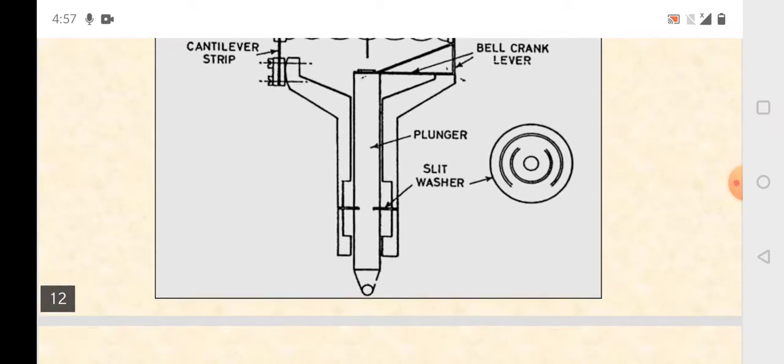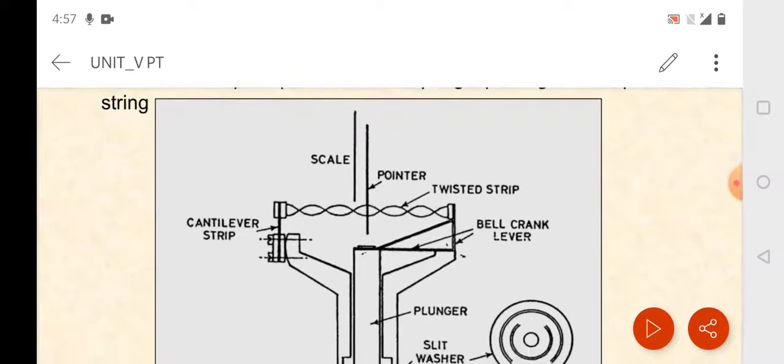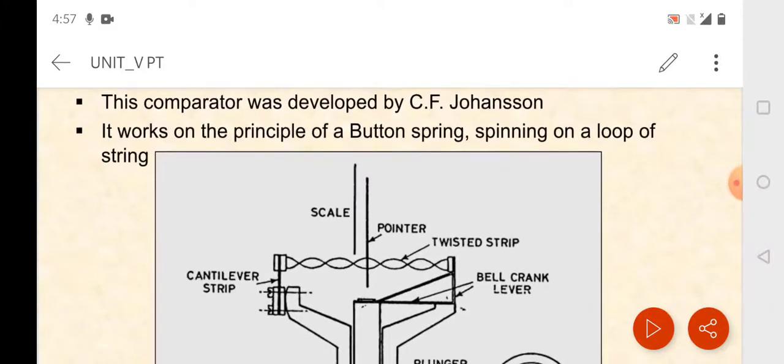As the plunger moves up and down, the pointer can move in either direction because of the twisted strip. We can adjust it to 0 at the basic size or basic dimension first, and then we can check the various workpieces by the deflection in the pointer, whether it is within the limit or outside the limit, whether it is accepted or to be rejected.